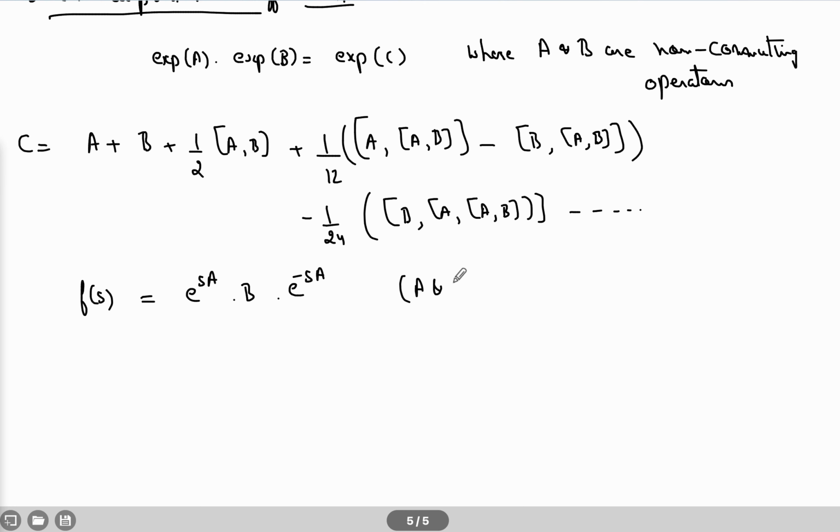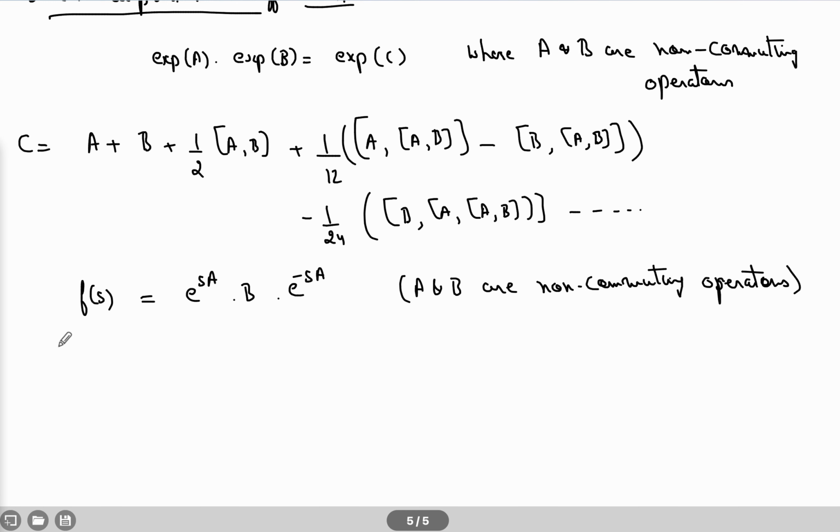Again, A and B are non-commuting operators. So the maths is looking a little overwhelming, but this is a very useful formula, and it is important to see this derivation so that the rest of the calculation becomes simple to understand.